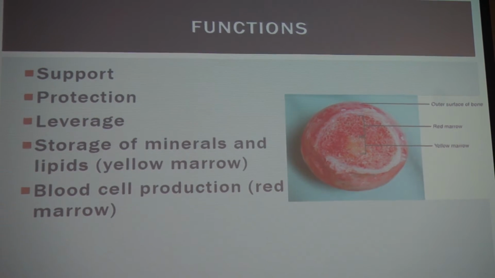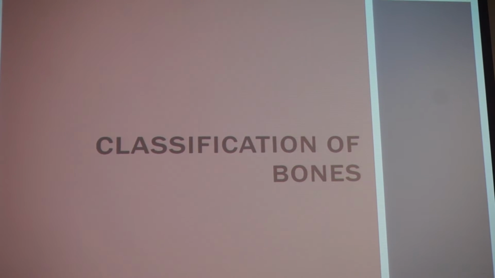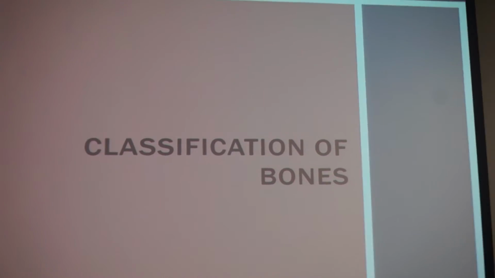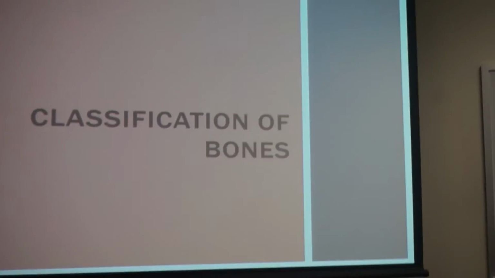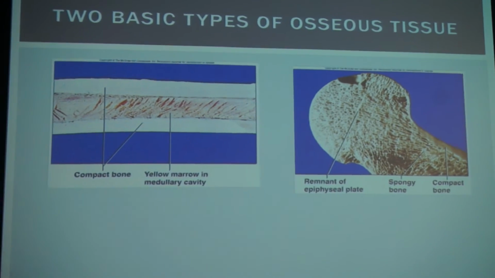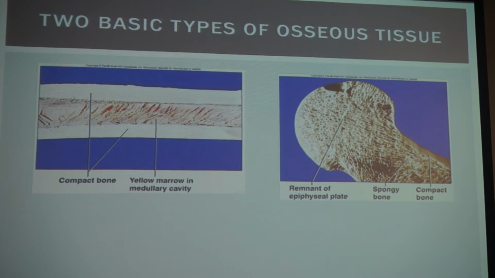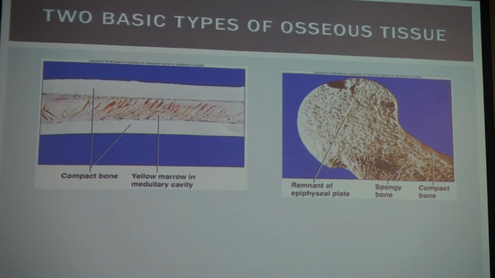All right, so classification of bones. We can classify bones first by the type of bone it is. You've got compact bone. Remember that bone model that we used, where you had to know about the lamella and the osteon?